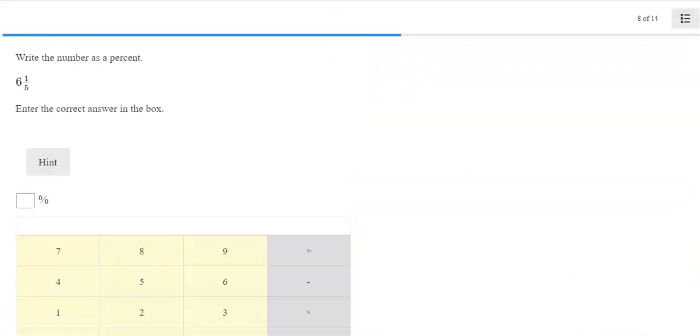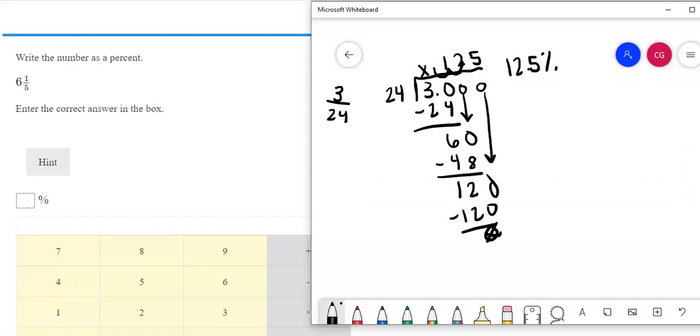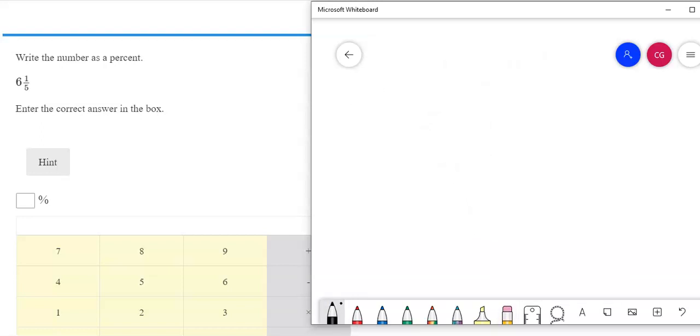Number 8, we have a mixed number. We haven't done a mixed number yet. And so with a mixed number, I have the 6 in front. We're going to leave the 6 as is. We just need to remember to put it in later, so I'm going to squiggle it. And we're going to look at my 1/5. You can choose to do 1 divided by 5, or we can make that 5 into 100. So 5 times 20 is 100.